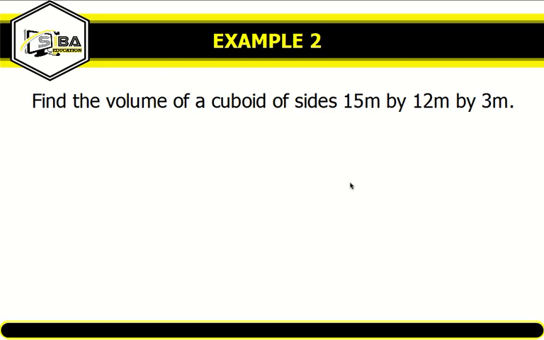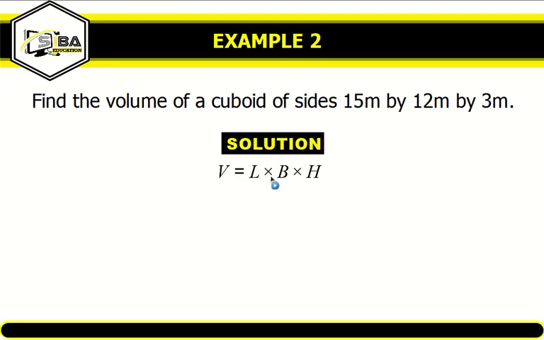Find the volume of a cuboid of size 15 meters by 12 meters by 3 meters. Now, the first thing that we need to do here is to take the equation for finding the volume of a cuboid. And this is volume equals length times breadth times height.